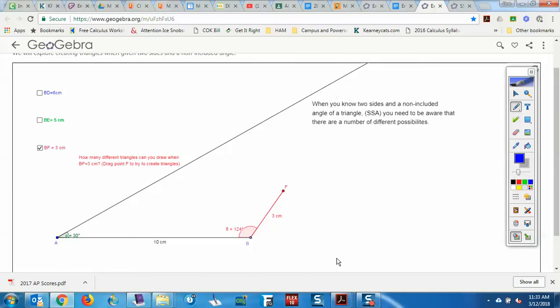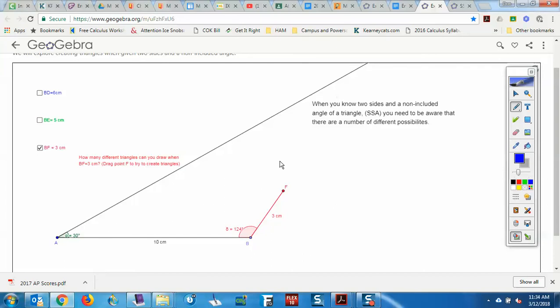So notice what we're given. We're given a side and the non-included angle. So this 30 is fixed, can't move. Now this isn't fixed. We don't know what that angle is. So we got a fixed angle, and then we got 2 sides, ASS. Okay?